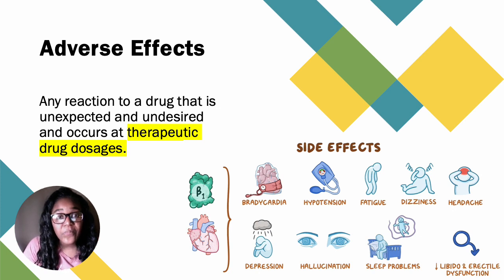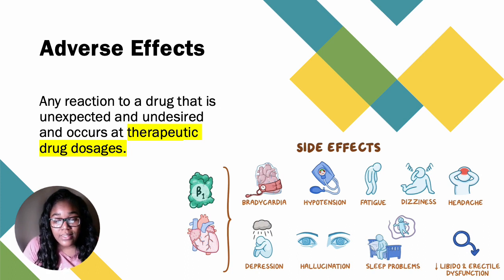Okay, so next we'll talk about adverse effects, and this is any reaction to a drug that is unexpected and undesired, and it occurs at therapeutic dosages. So this is not something where we have a high dosage or a low dosage and we didn't dose them correctly. This is an appropriate dose for said signs and symptoms that the patient has, and they're having side effects or adverse effects.